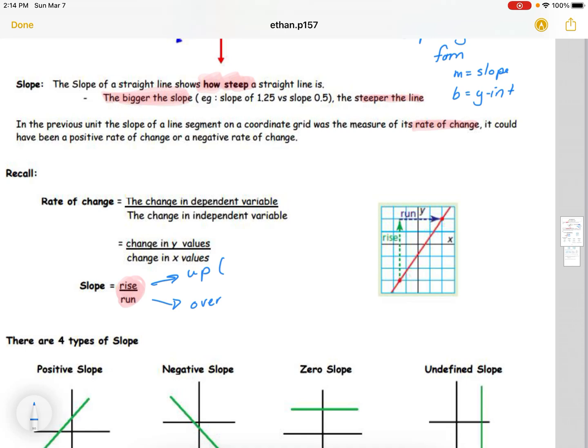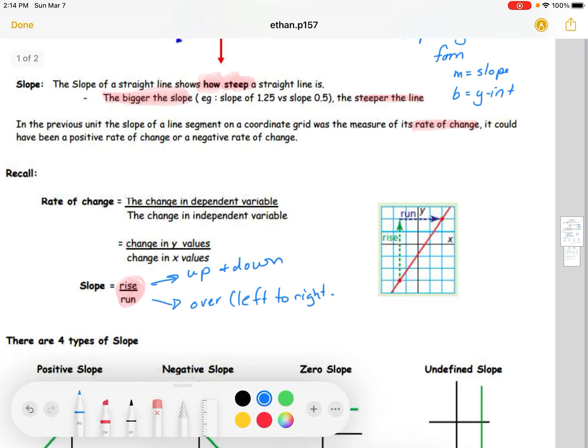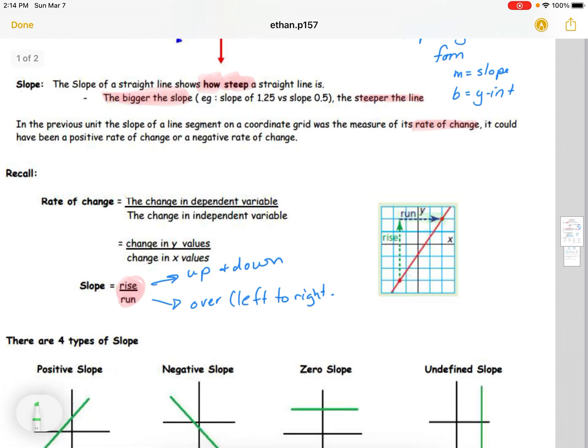So up and down versus over, left to right. If I look at this line that's presented here, my run goes over by so many, and my rise goes up by so many. And we've just articulated that by finding 2 points on the line.